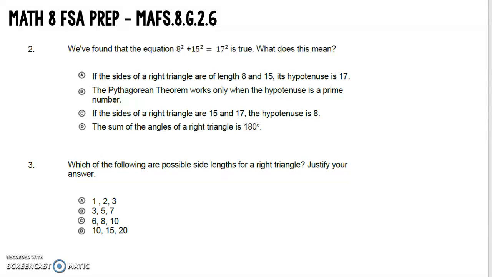All right, let's look at this next set of problems. It says that we found the equation 8 squared plus 15 squared equals 17 squared is true. What does this mean?